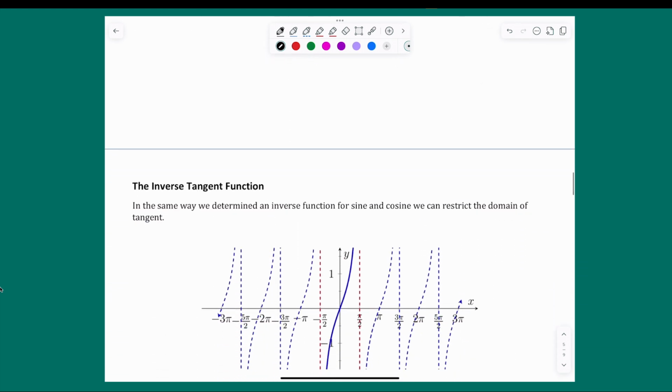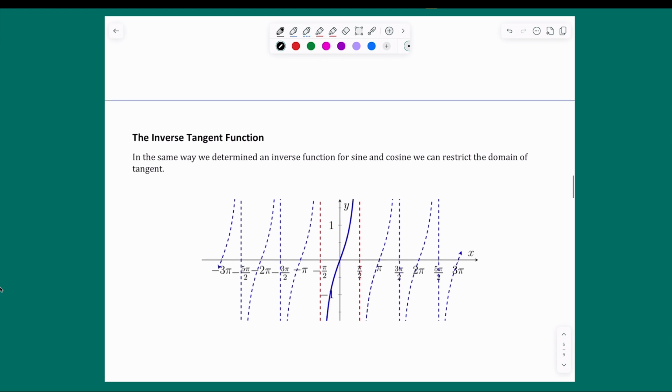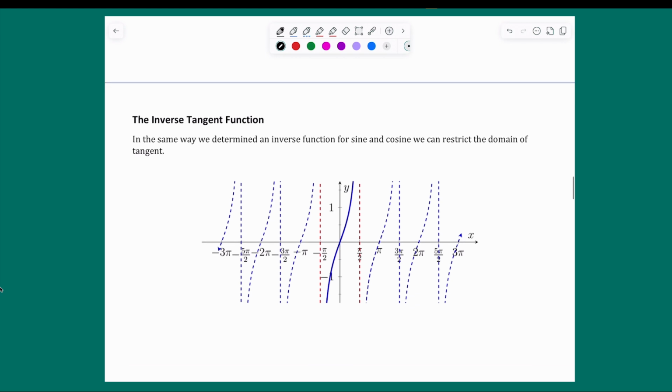All right, let's look at the next inverse function, the inverse tangent function. So in the same way we determine an inverse function for sine and cosine, we can restrict the domain of tangent. Okay, so we could do the similar thing here, and once again, tangent basically looks like that all throughout, right?